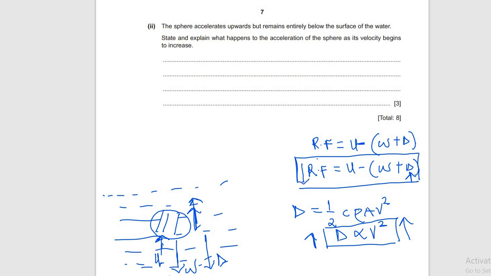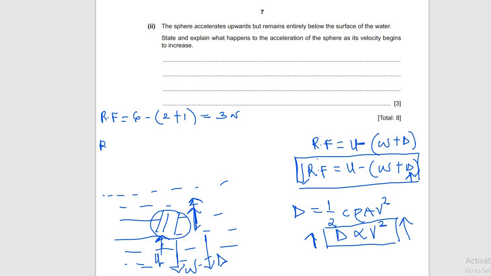Let me give you an example. Let's assume our upthrust is 6. Our weight is constant, doesn't change. Let's assume it's 2. Let me put a value for drag force. Let's assume the first drag force is 1. In this case, what will be our resultant force? It will be 6 minus 3, 3 Newton.